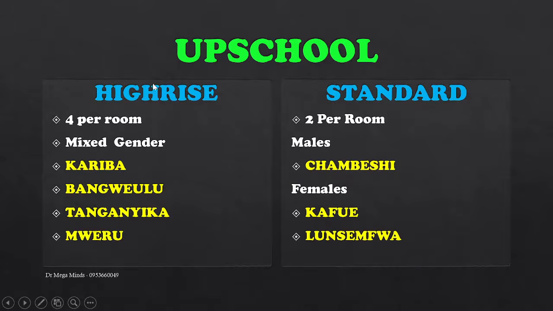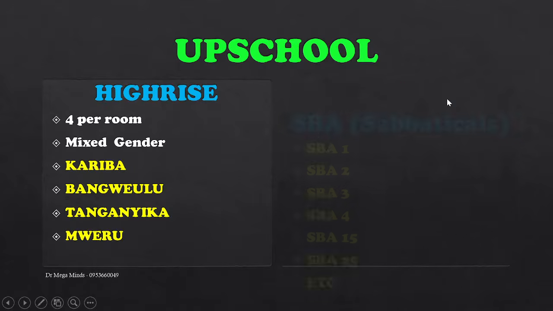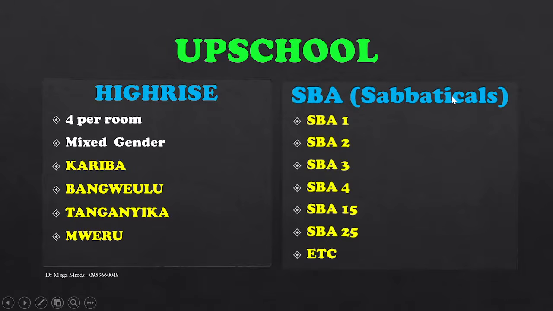So we have talked about 2 types of accommodation up school. Let's look at the third one, which is the SBAs. When you are applying for accommodation up school and you see SBA 1, SBA 4, these are sabbaticals. Like I already explained, these are houses.